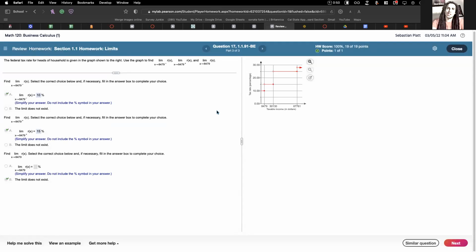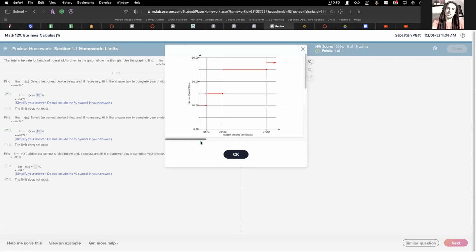The federal tax rate for the heads of households is given in the graph shown to the right. Use the graph to find the limit for 84.79 to the left, to the right, and head on. So for the 84.79 in terms of taxable income from the left, you will see that the tax rate is 10%.